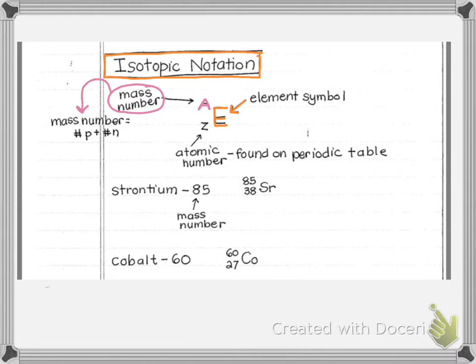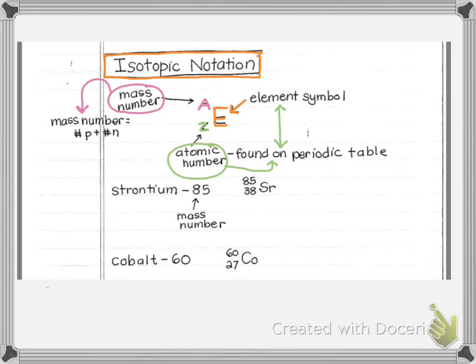The mass number is equal to the number of protons plus the number of neutrons. As a subscript, we have the atomic number, which is found on the periodic table.